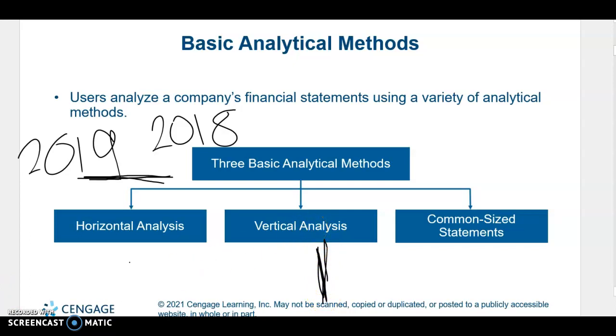And the final way to analyze financial statements is the common size statements. These are getting into your ratios, so we can analyze financial statements using a ratio analysis. And this is where you're going to have a numerator divided by a denominator.